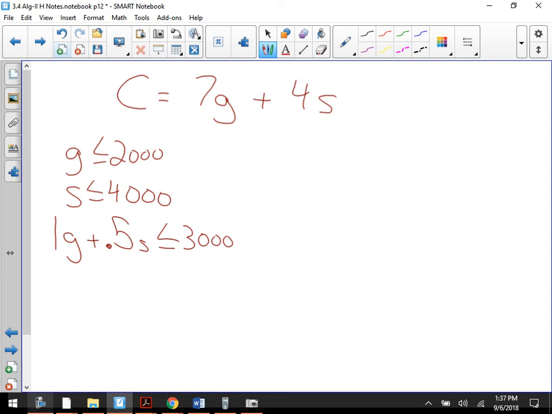Here's where most of you will make a mistake when you do your intercepts. I'm putting general down here, student up here. General intercept for 3,000, cover and solve, I get 3,000. What do I get when I have student? 6,000.